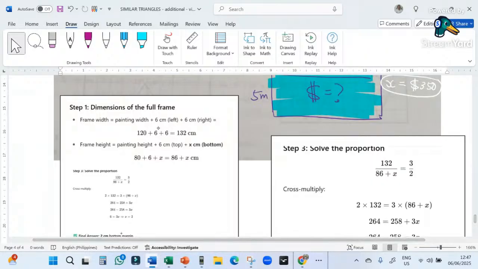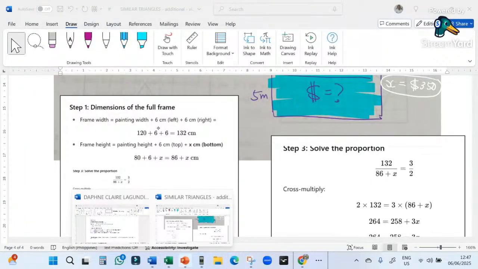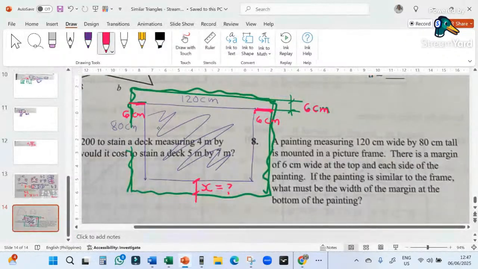Yeah? Where's my drawing? Here. 120. This is 120 long plus 6 and plus 6. That is for the frame. That's how wide it is. And on the height, it will be 80 because this is 80 length. 80 plus 6 plus x.